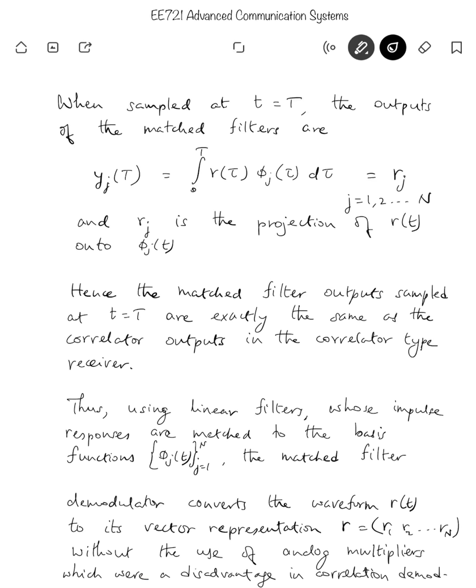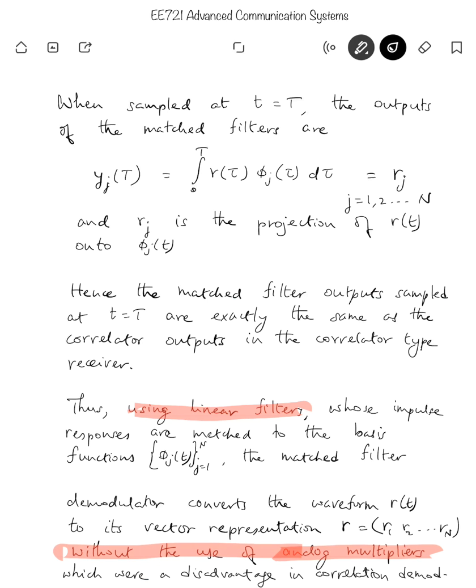So we have done this implementation now using linear filters rather than using analog multipliers. So we have got rid of the analog multipliers, and we have done the same process as we did in the correlation demodulator, but without the use of analog multipliers.